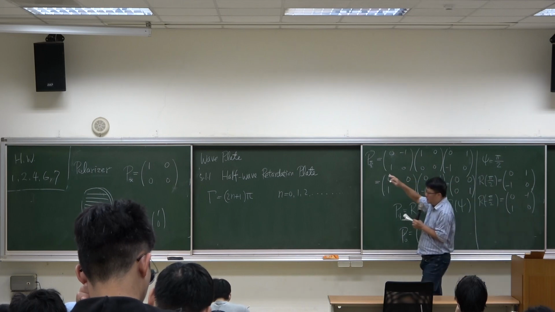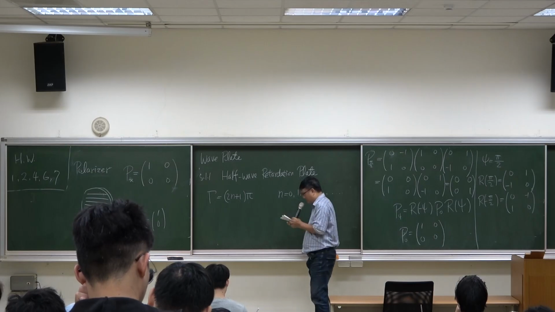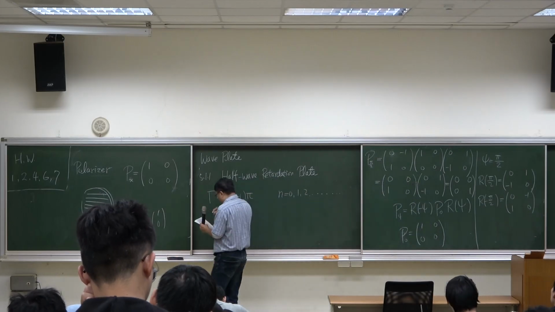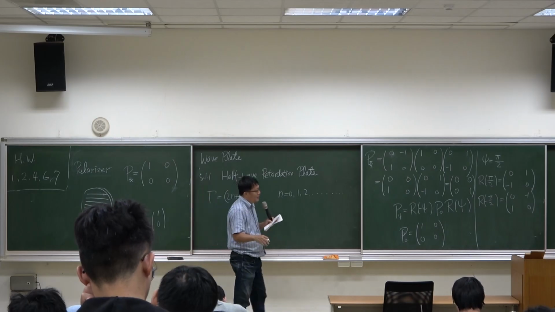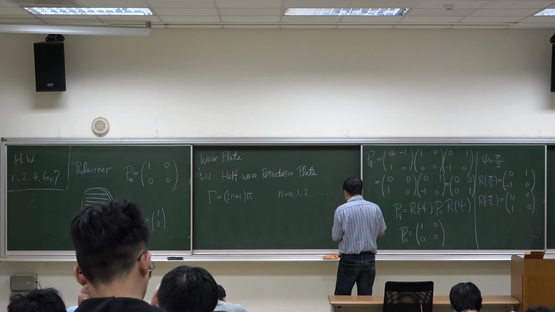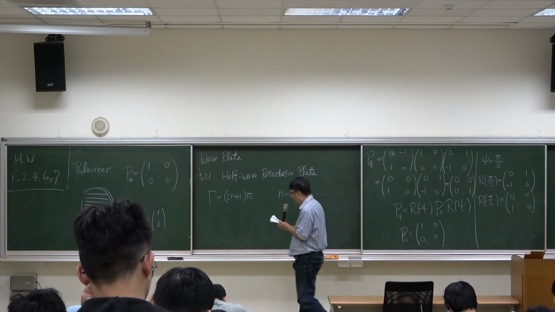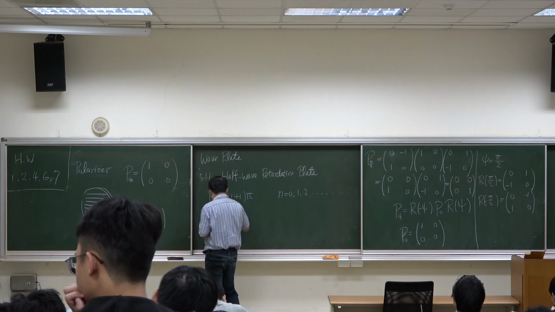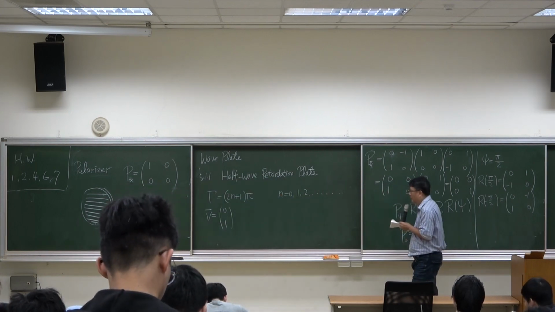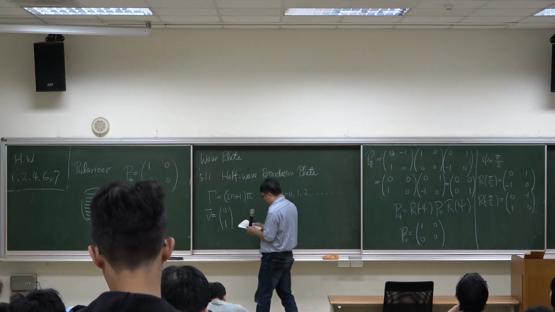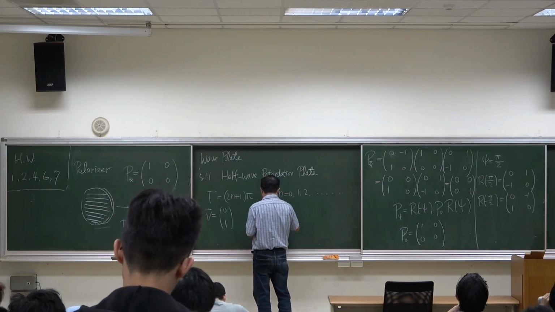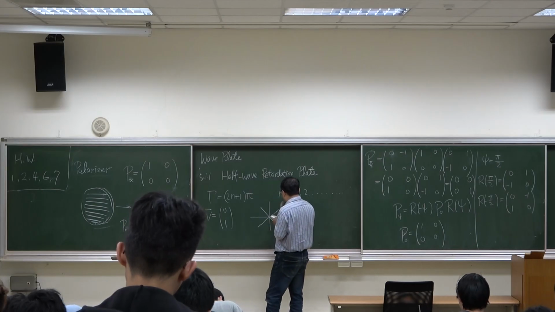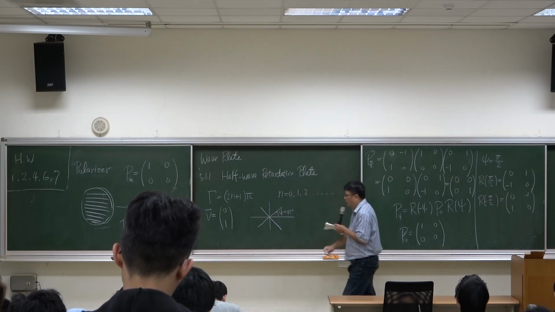If gamma has the form 2m plus 1 pi, we call this case a half wave plate. When gamma takes this form, what effect does this W have? So originally we have E equal to this y polarization, and we assume that psi is 45 degrees.